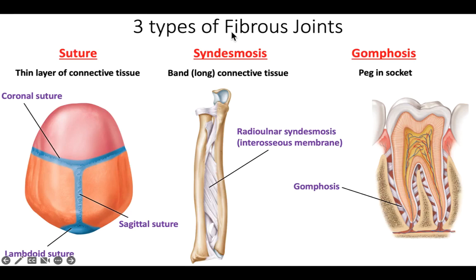The next category under fibrous joints are the syndesmoses, or a syndesmosis. Here, the connective tissue is a little longer. It forms kind of a band of connective tissue. And these are found in between the bones of your forearm. So this is the radius and the ulna. And also found in between your tibia and fibula of your leg.